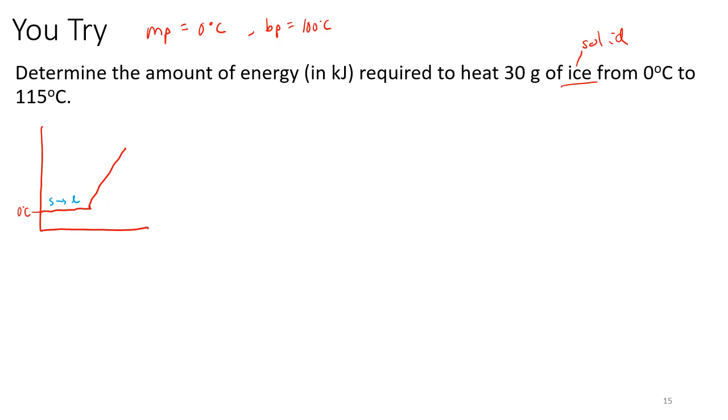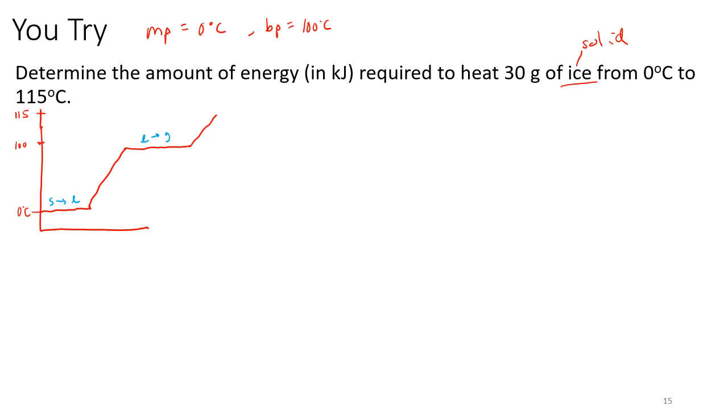It's going to warm until it reaches 100 degrees Celsius. At that point we've reached the boiling point, so it'll undergo a phase transition, this time from the liquid state to the gaseous state. And then we're told we're warming it to 115 degrees Celsius. So next, the energy will be used to heat up the gaseous steam.